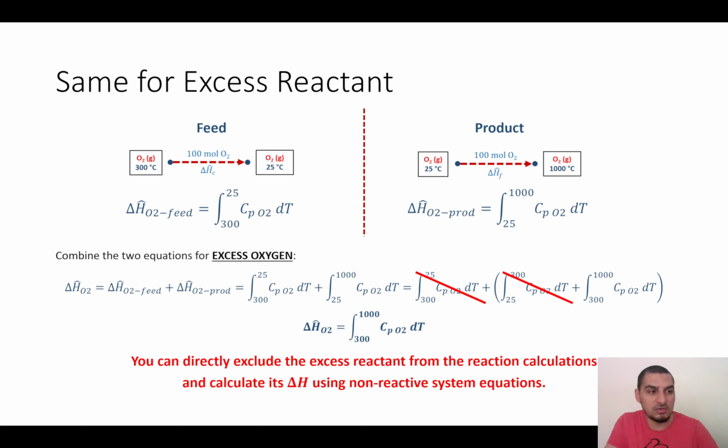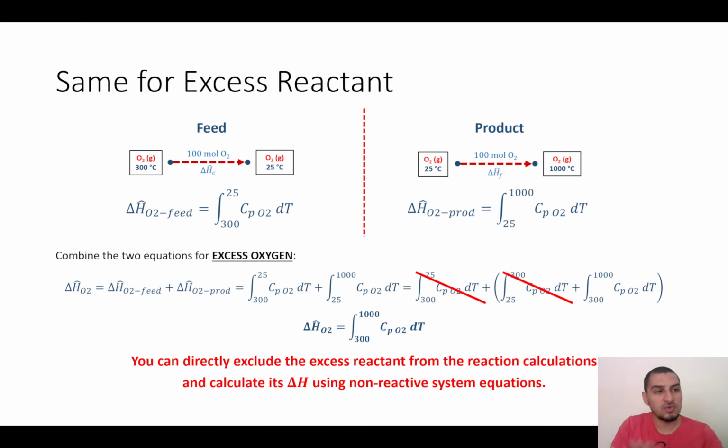The 500 is what you include in the reaction, the 100 is the excess, and 600 is the total feed. So if you can make the calculations without any confusion, without putting one number instead of another, I would definitely suggest you do this.